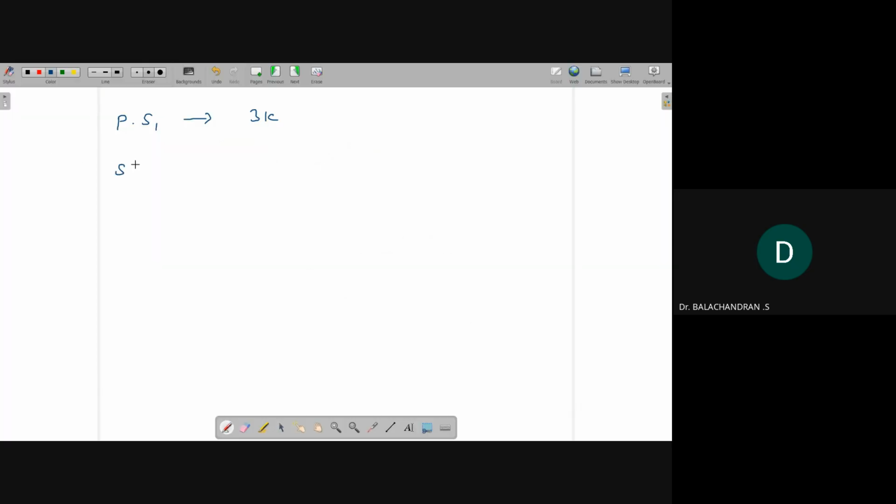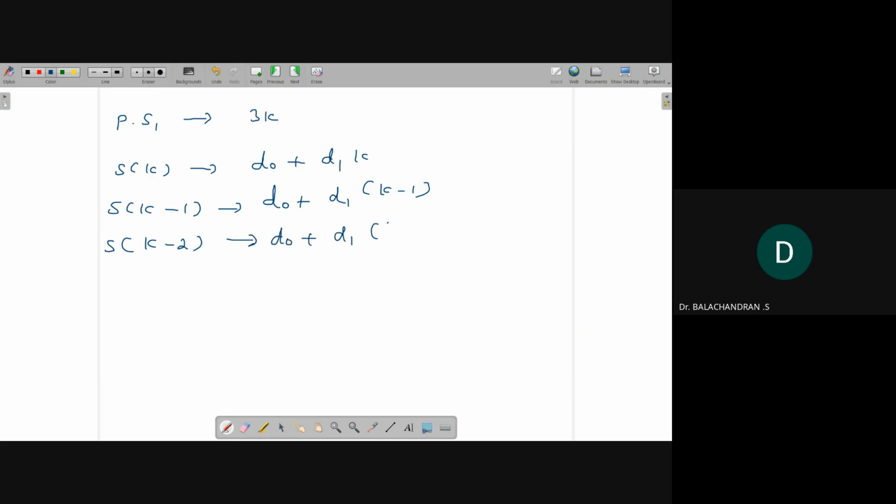So here instead of s of k, you can replace by some d0 plus d1k. So I am replacing linear in k by linear in k. S of k minus 1 is d0 plus d1 into k minus 1. S of k minus 2 is d0 plus d1 into k minus 2. So now what is the problem?